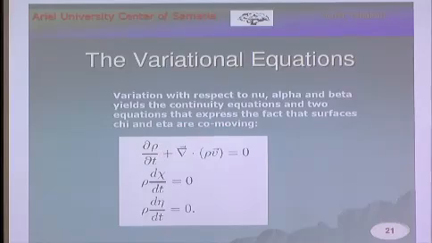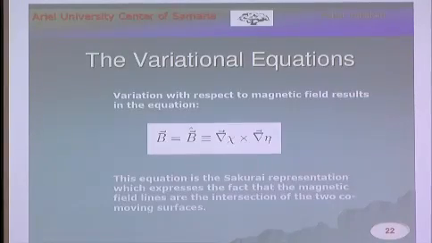So it's a trivial matter. If you take a variation with respect to nu, alpha and beta, you get the continuity equation and two equations that express the fact that the surfaces chi and eta are co-moving.